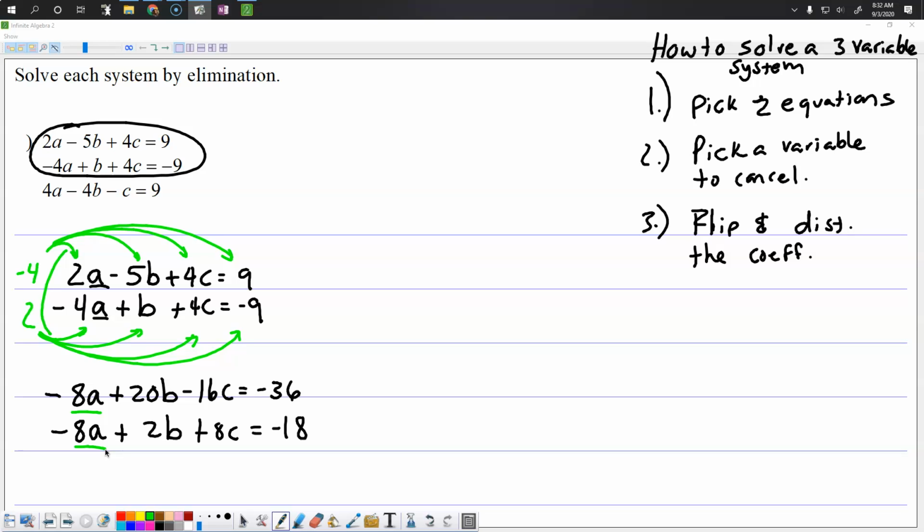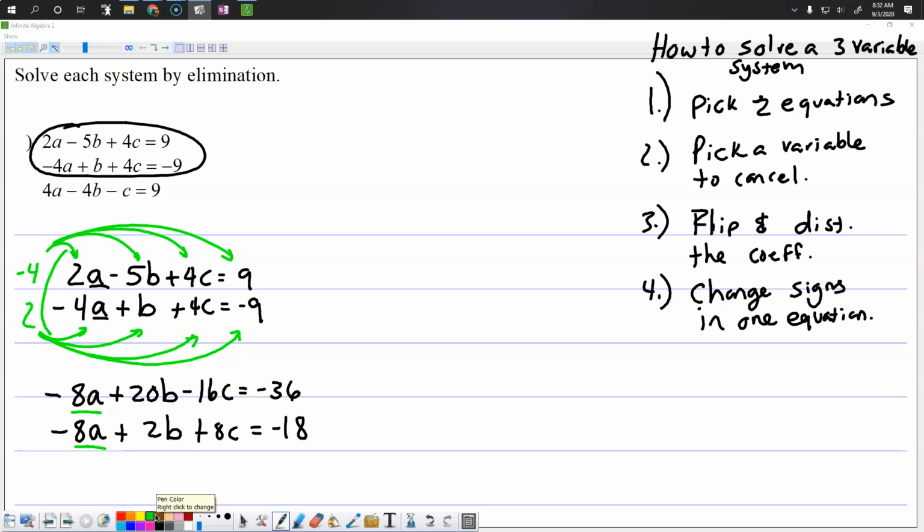So we're almost where we want to be. The next thing we're going to do is change the signs in one of the equations, one of these equations that we just made down here.